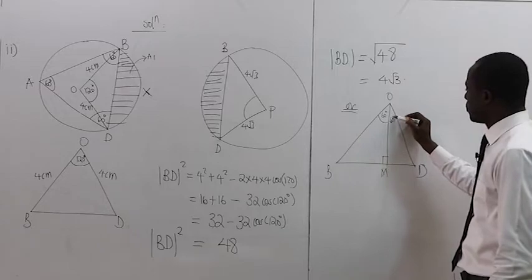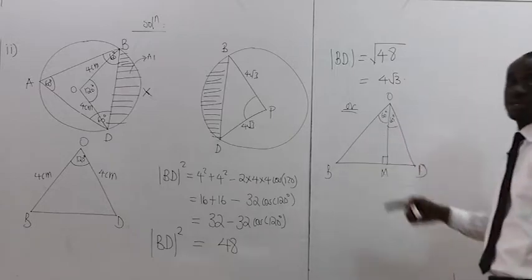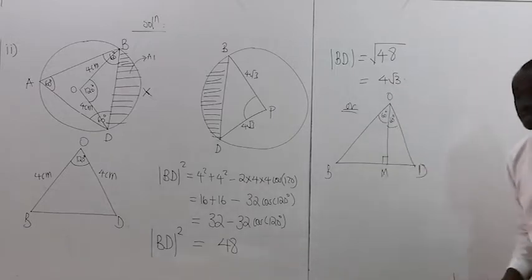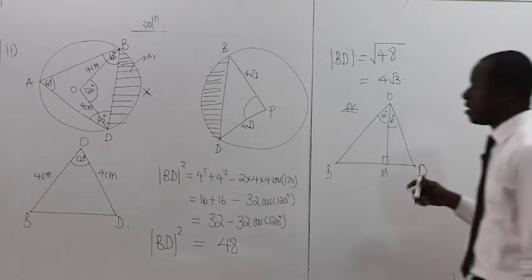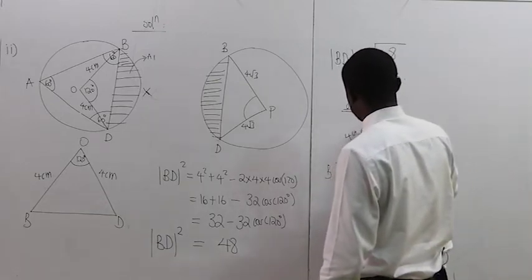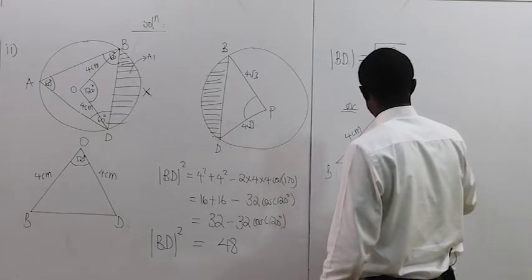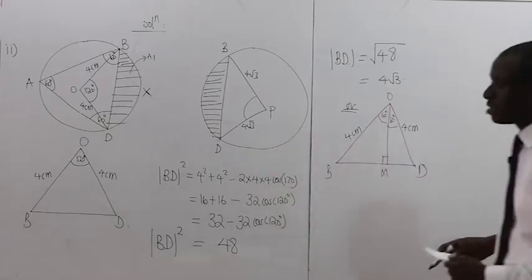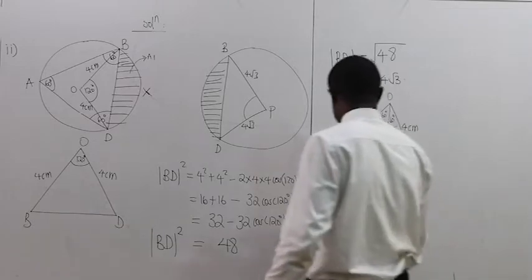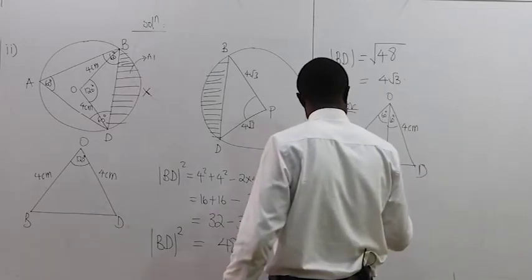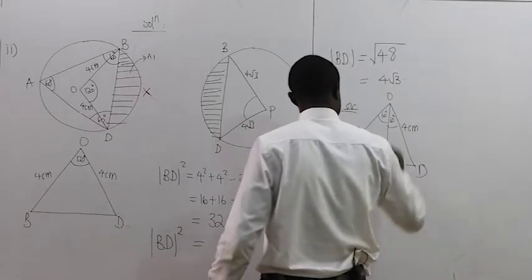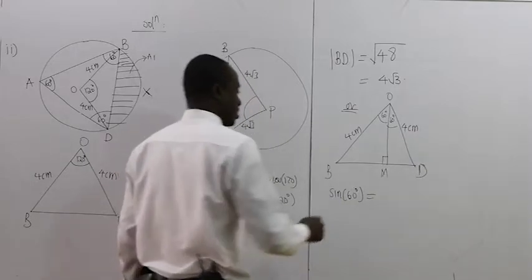This is also 60 degrees, because the line from the center to the chord bisects the angle into 2 equal parts. This is 4 centimeters. This is also 4 centimeters.